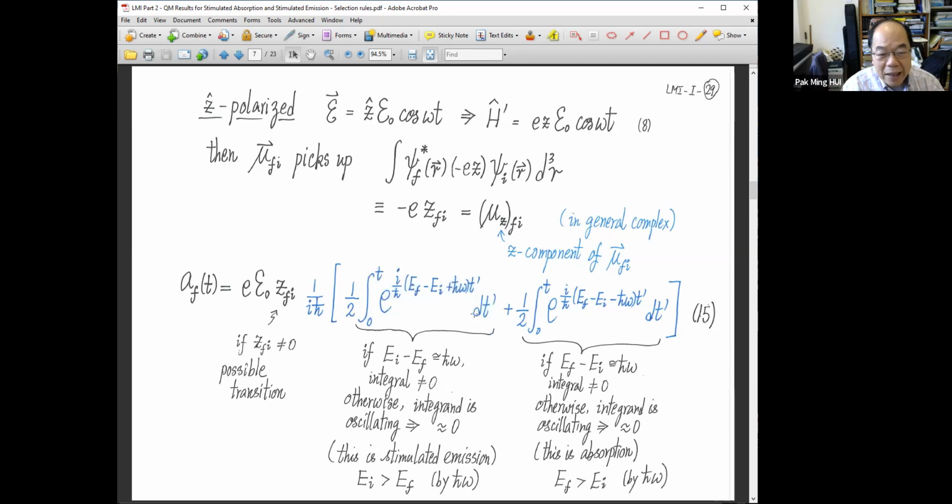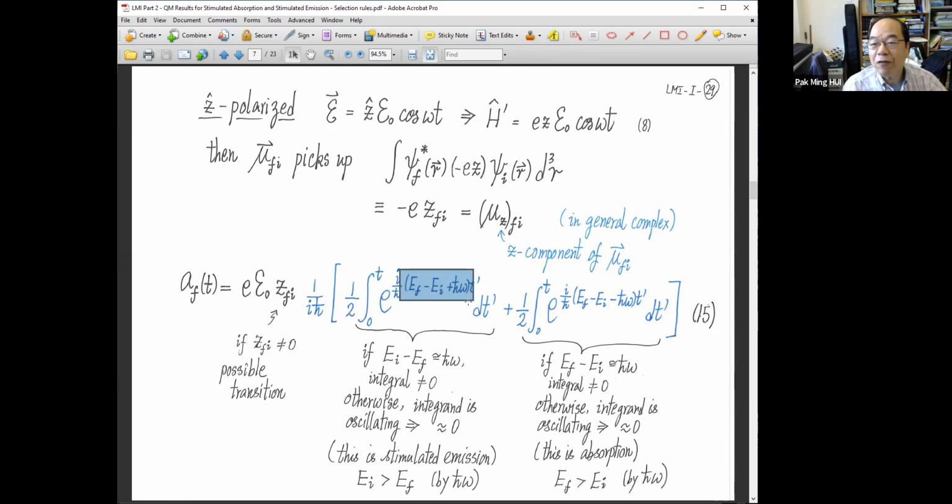But at the outset, think about what happened, right? Now, for reasonably long time, if t is reasonably long, I will explain what is long later. Physically very short, but mathematically it says if it is long enough so that this thing keeps on oscillating. Now it is oscillating, right?